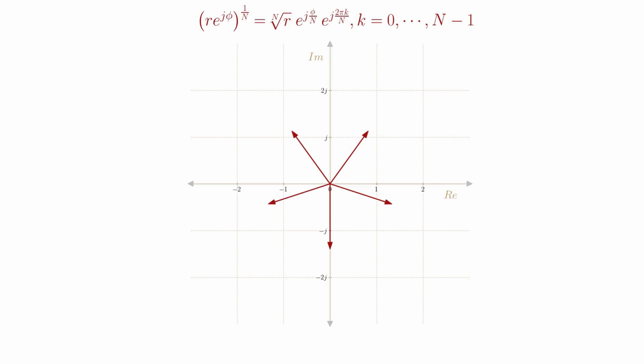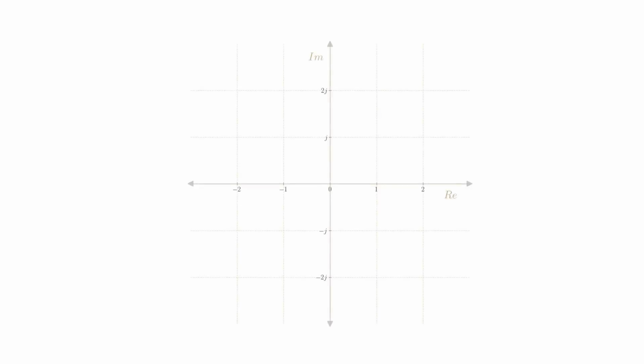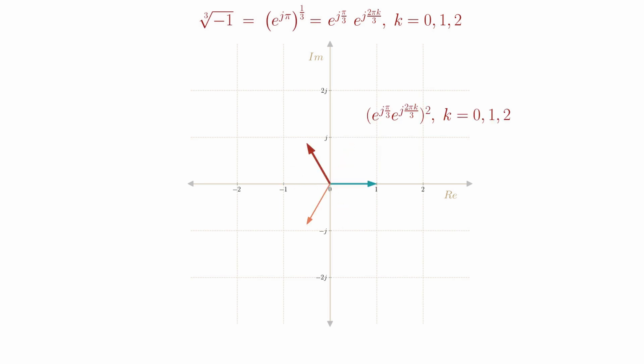Now let's find the cube roots of minus 1. We first divide the unit circle into 3 equal sectors and then rotate these vectors by 60 degrees. These are the cube roots of minus 1. To convince ourselves that these are indeed correct, let's cube these roots. 1, 2 and 3.